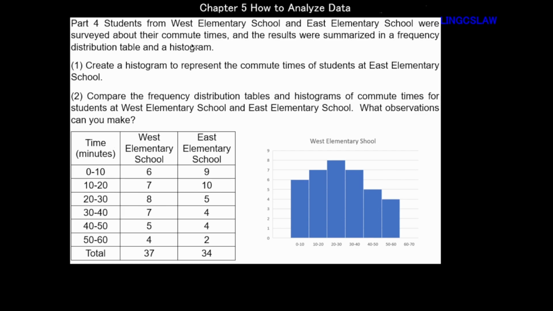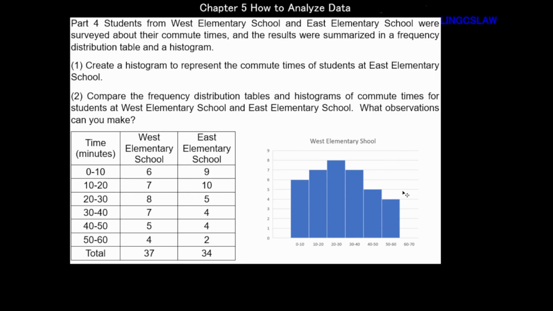This means the commute time. You can see that there are 6 students in West Elementary School who commute to school in between 0 and 10 minutes. And also there are 9 students in East Elementary School who commute in between 0 to 10 minutes, and so on.